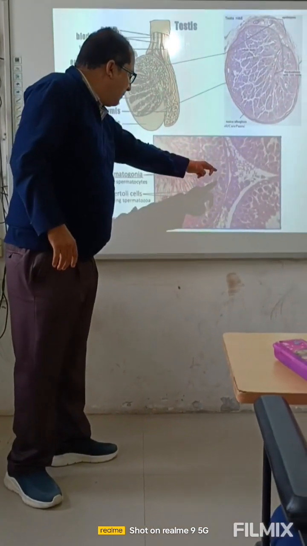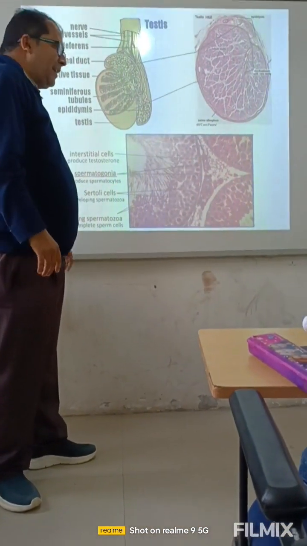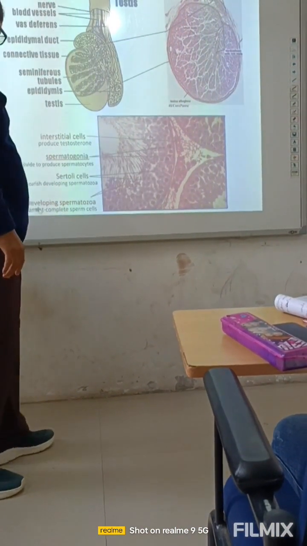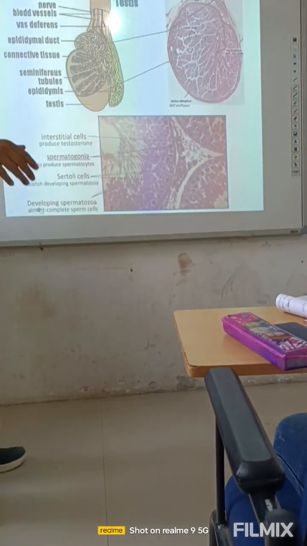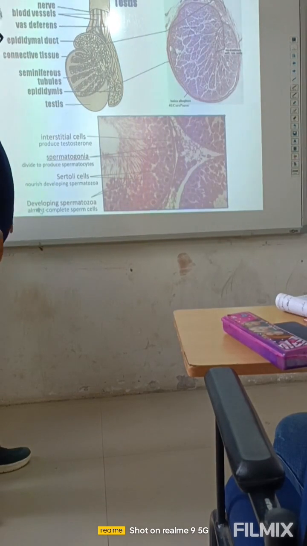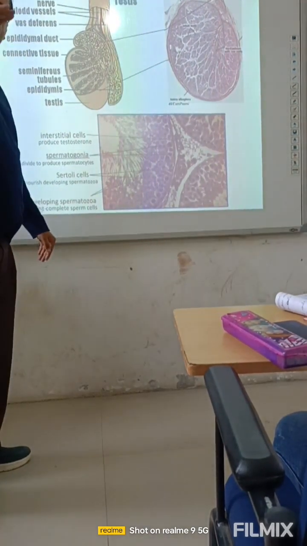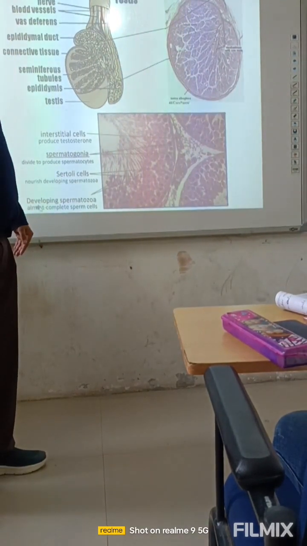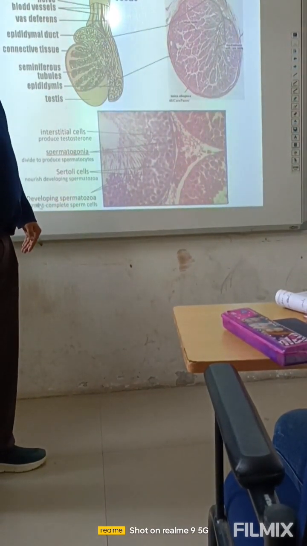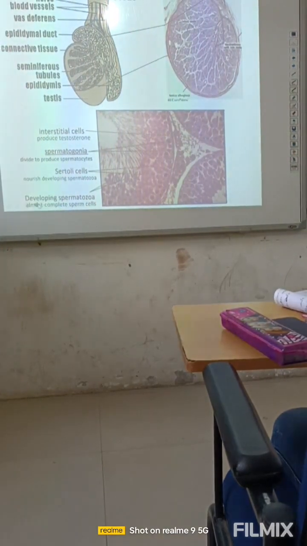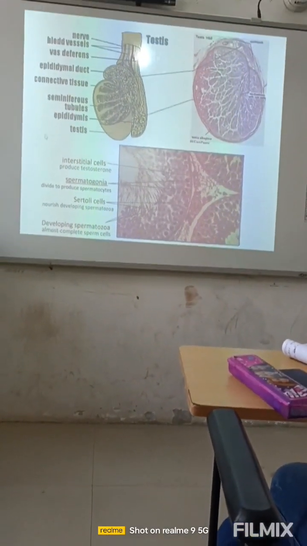Here spermatogonia divide and produce spermatocytes. Here is the Sertoli cell that helps in nourishing the developing spermatozoa that we discussed: type A, type B, then spermatids, and then spermatozoa. This structure is just to understand.